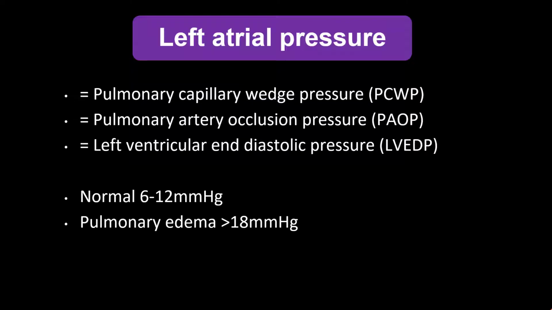LAP is also known as pulmonary capillary wedge pressure, pulmonary artery occlusion pressure, and left ventricular end diastolic pressure. What's important to understand is that an elevation in left atrial pressure is a substrate for cardiogenic pulmonary edema. And so very simply, in the presence of bilateral B-lines, a high left atrial pressure favors cardiogenic pulmonary edema, and a normal or low left atrial pressure favors an infectious or inflammatory process.